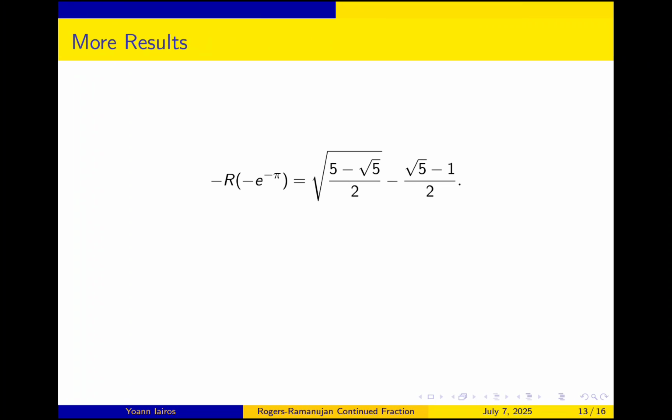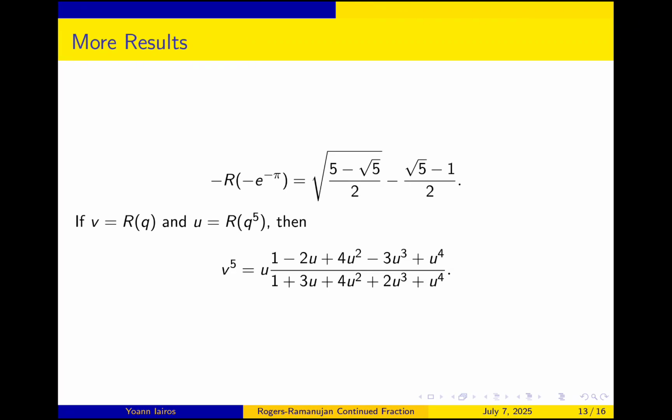There are actually, of course, many more results that exist around the Rogers-Ramanujan continued fraction. For example, if we made use of the things that have been shown in this presentation, with only a little more work, we could have proved the following two results.